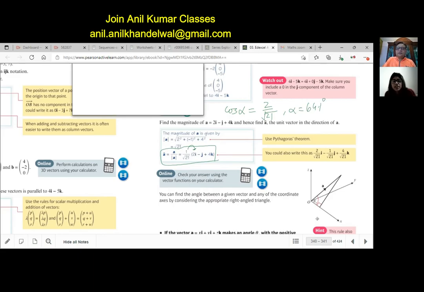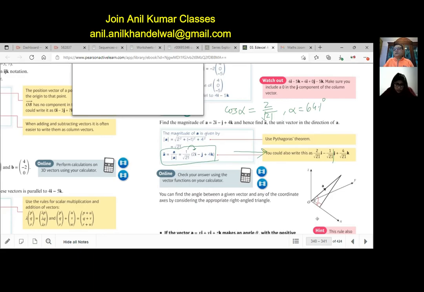If I wanted the y direction, I'd use minus 1 over root 21. Look into this section: they have multiplied and written it in this yellow background. Do you see that highlighted? 2 over square root 21 is the coefficient of i in the unit vector, so that is the value of cos alpha.